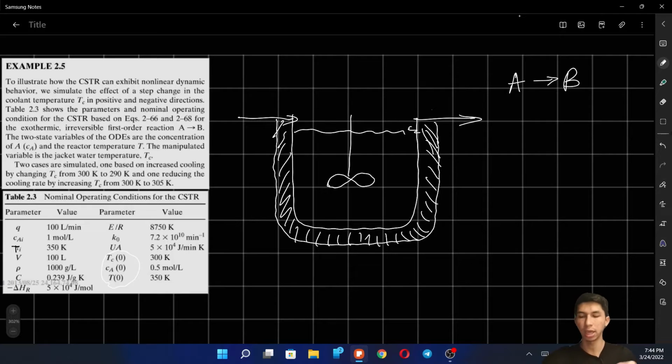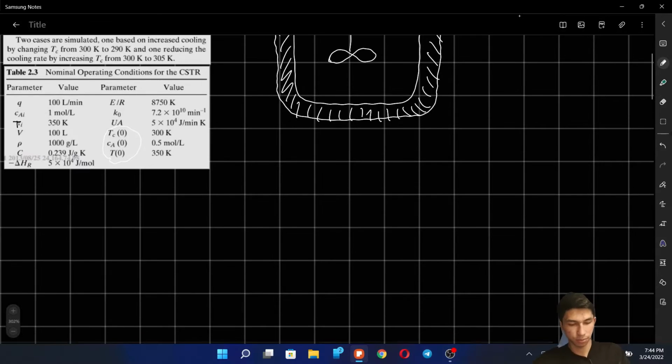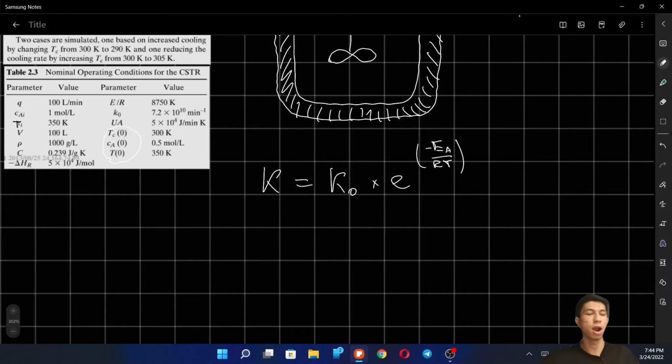And here we have the E over R term. So we have our Arrhenius equation. It is defined as k equals k naught times e to the negative EA over RT, where EA is the activation energy, R is the gas constant and T is our temperature.